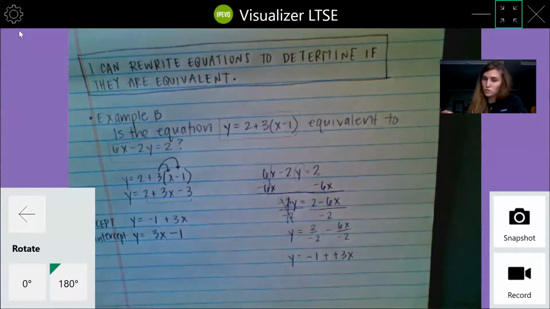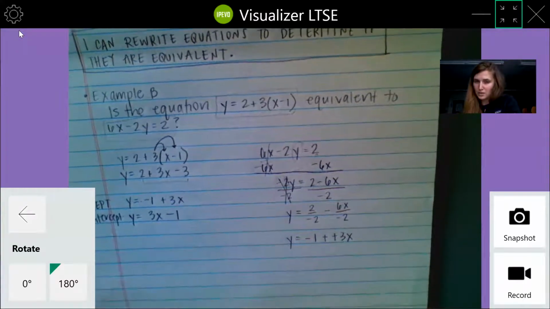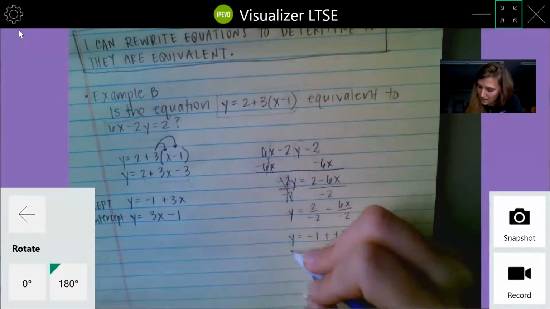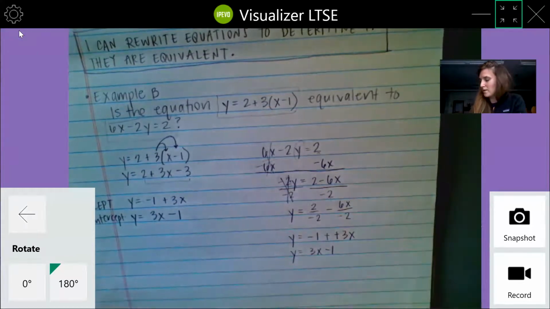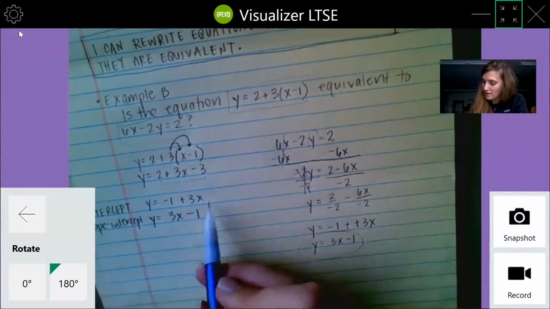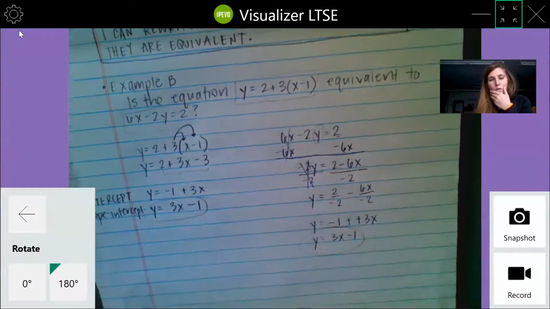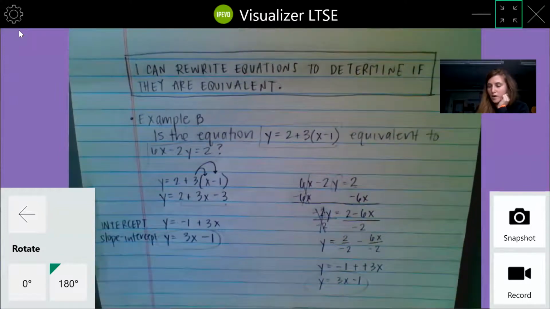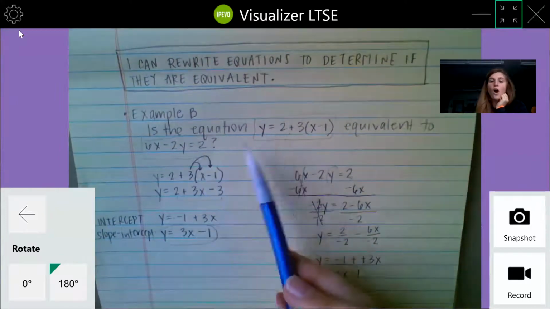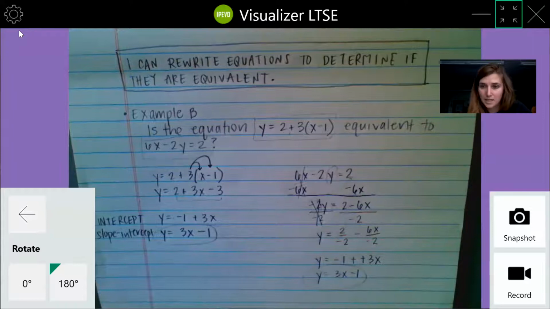And now if I just move it around a little bit to get it in slope-intercept form, I get y equals 3x minus 1. And I can see that that and that are equal to each other. They're the same exact thing. So therefore, these two equations are in fact equivalent.